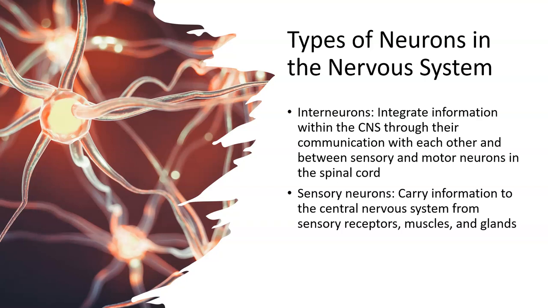Sensory neurons carry specific information to the central nervous system from your receptors in your eyes, your ears, your tongue, where your taste buds are, your nose, the sensory systems for olfactory, for smell, but also from your muscles.